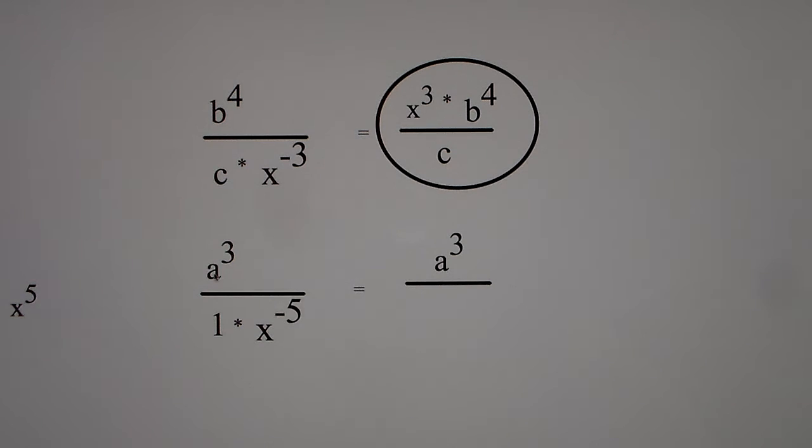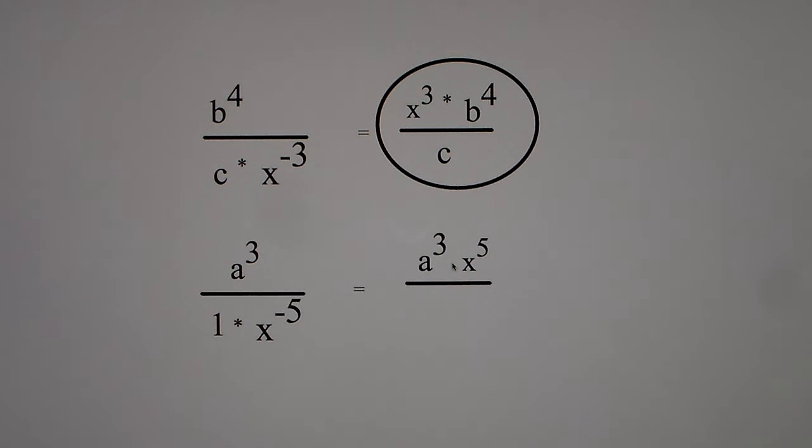Let's look at the problem here. We have a to the third. That's a positive power, so we leave a to the third in the numerator. We have 1 times x to the negative 5. Since there's a negative there, we have to move it from the bottom to the top. So we move x to the negative 5 to the top, and we get x to the power of 5.